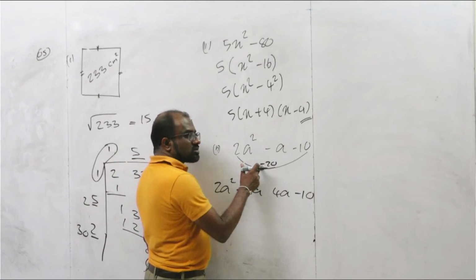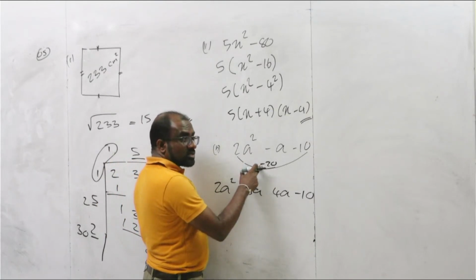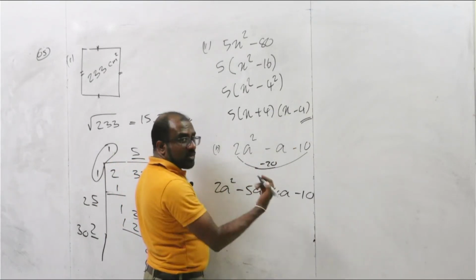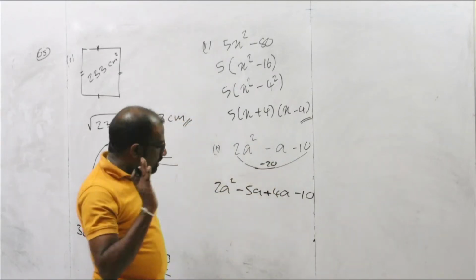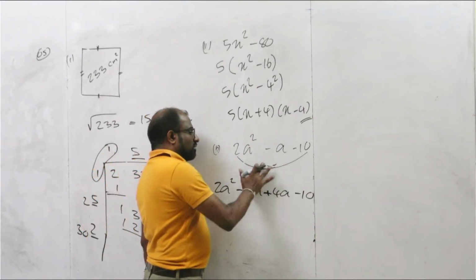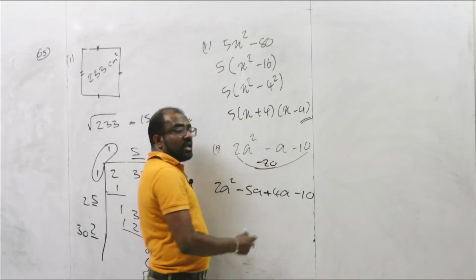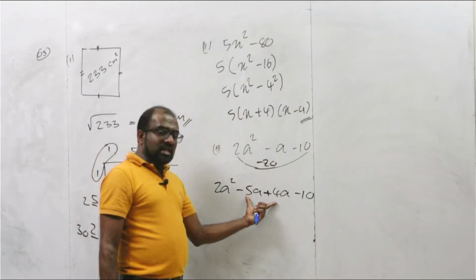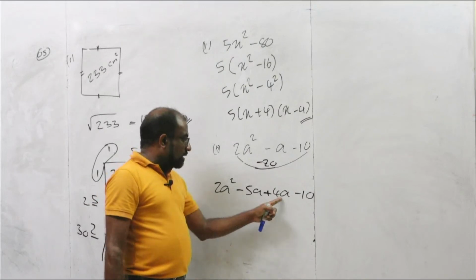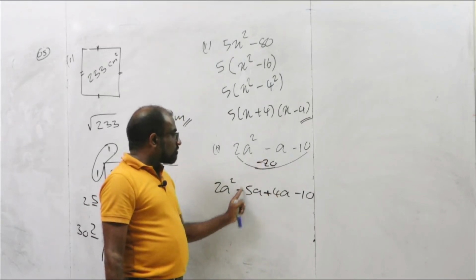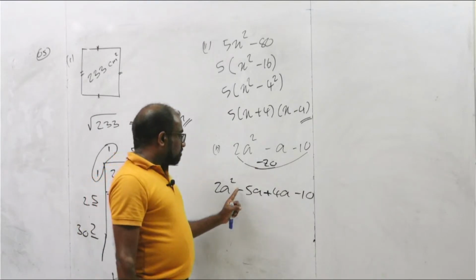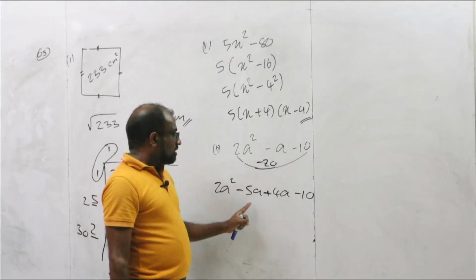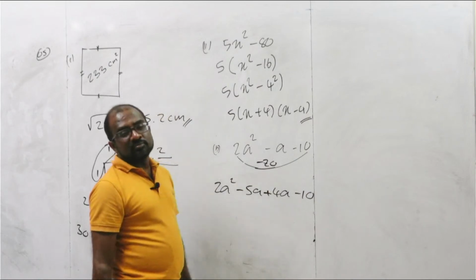Multiply: minus, plus, different signs give minus. So this one should be plus. If you are not sure, check it on that line. Different sign, subtract: 5a subtract 4a, the symbol comes from the largest number, minus. Simplification is correct. Multiply, minus plus, different sign, minus, 5 times 4 is 20.